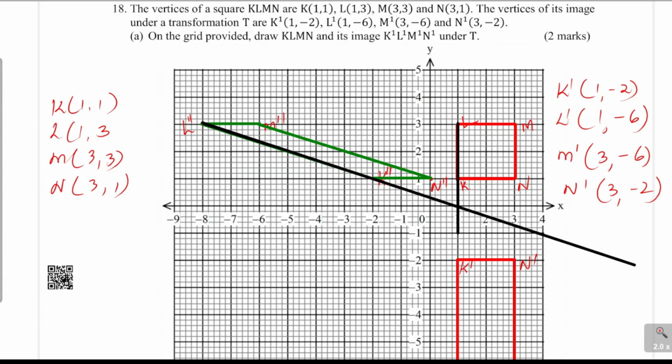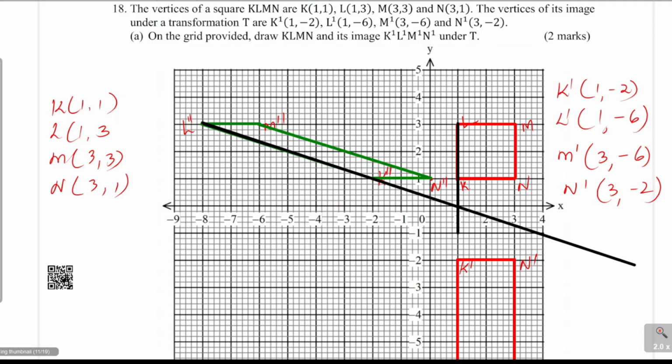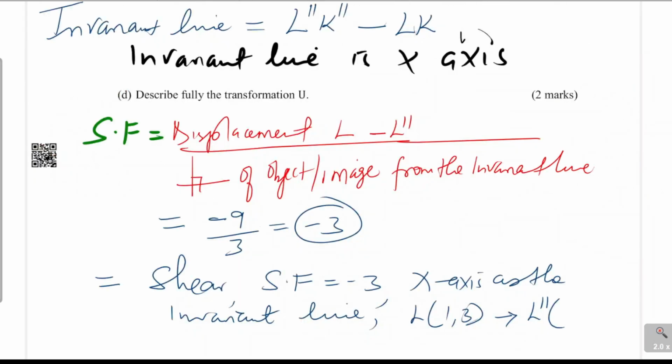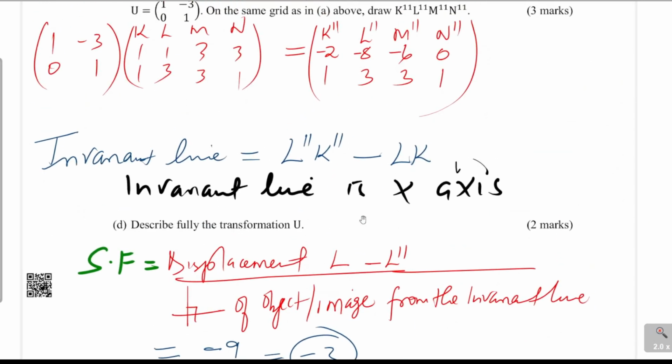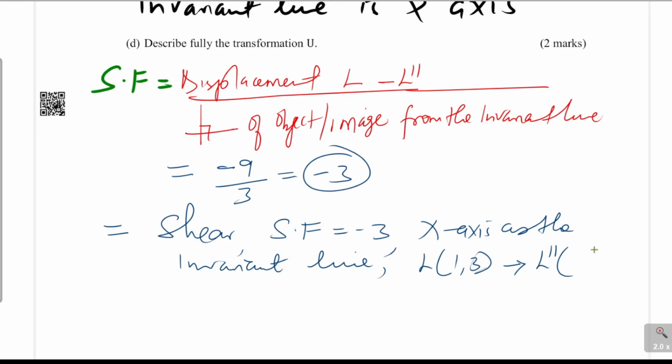So L, which is (1, 3), is mapped onto L double prime. We noted that one was what? That was (-8, 3). By doing so, you have described the shear fully. State the shear factor, the invariant line, and then you give the object point and the image point.